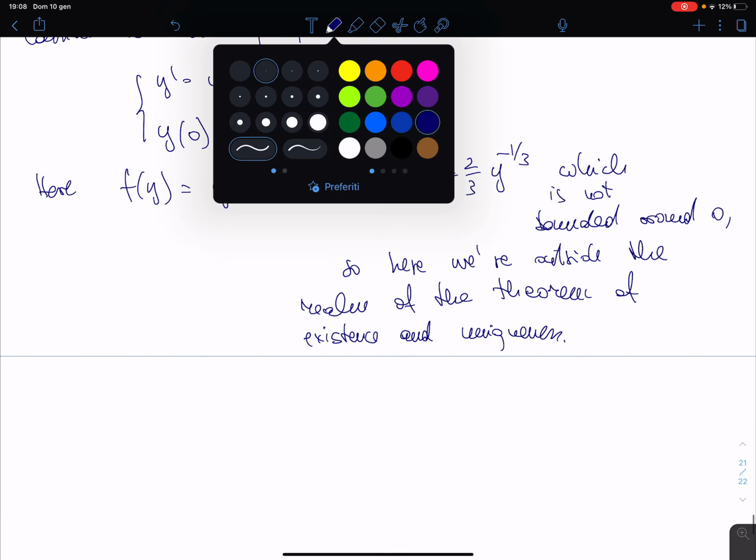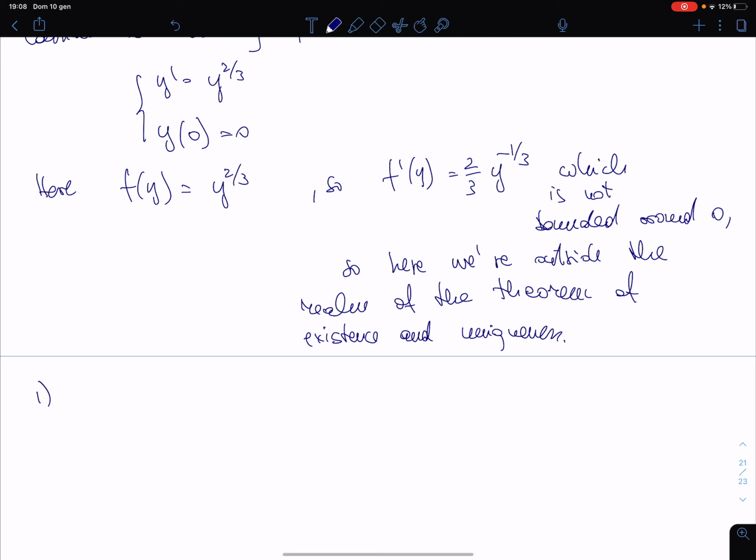So let us see first. This equation admits separation of variables.